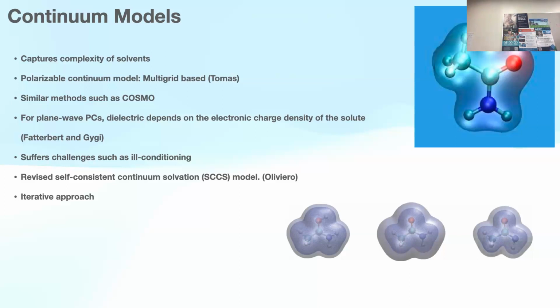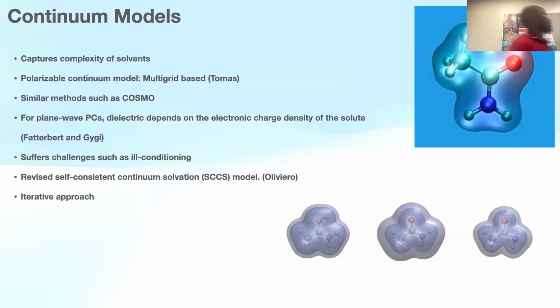Several research efforts have been ongoing, starting from the PCM models, the polarizable continuum models, and coming to the fatigator MTI. Then what we do is, how do you solve a system that is exposed to wet environments, by introducing what we call a continuum?